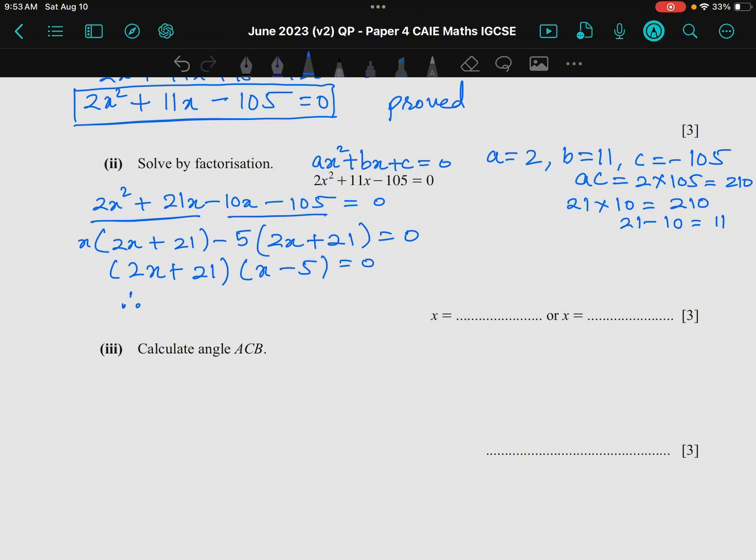So from these two brackets, the value of x is minus 21 upon 2 and the other value is 5. So minus 21 upon 2 can be written as minus 10.5 and the other value as 5. Answer.